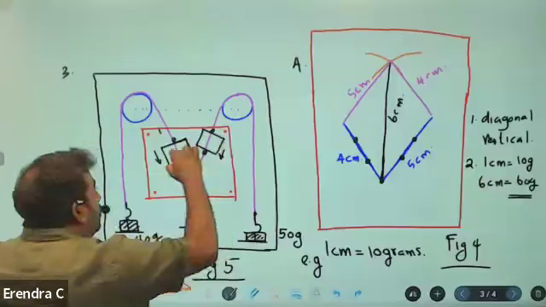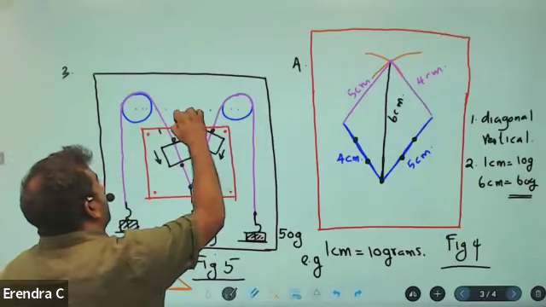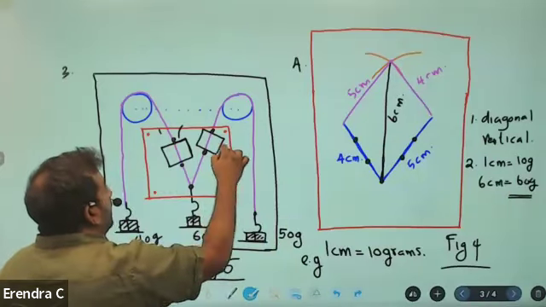Then we mark 2 points on the string as indicated in figure number 5.